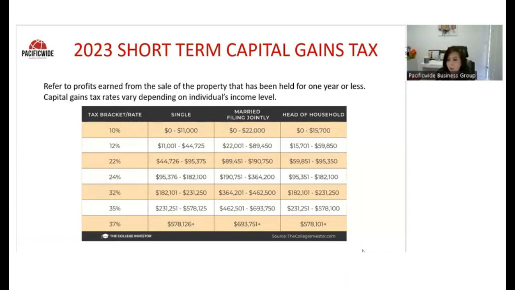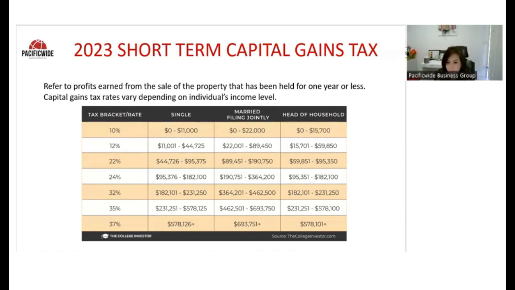For people who make a lot of income, a single person who makes $500 up to $578,000 a year, the short term capital gains tax is 37%. And for a married couple filing jointly, with income up to $693,751, the short term rate is 37%.